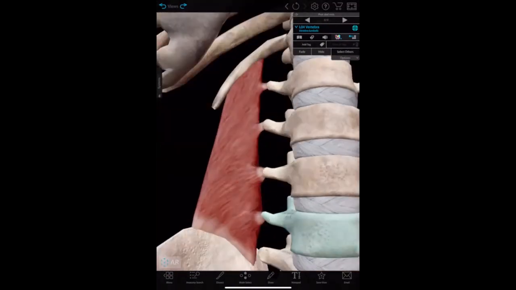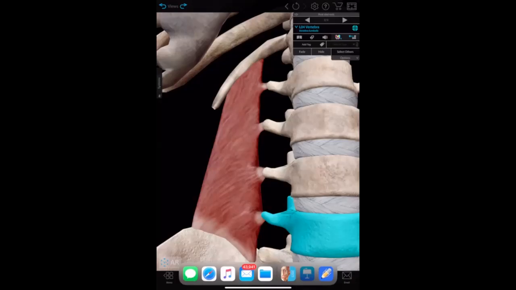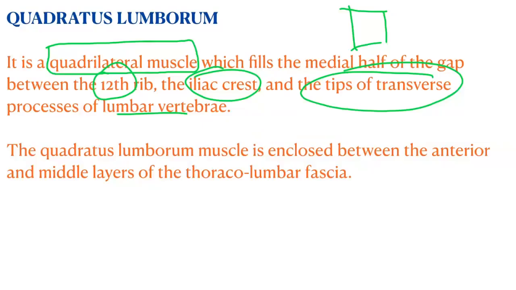The quadratus lumborum muscle is enclosed between the anterior and middle layers of the thoracolumbar fascia. If you revise your old lesson on thoracolumbar fascia, you can clearly identify in which layer quadratus lumborum is present.